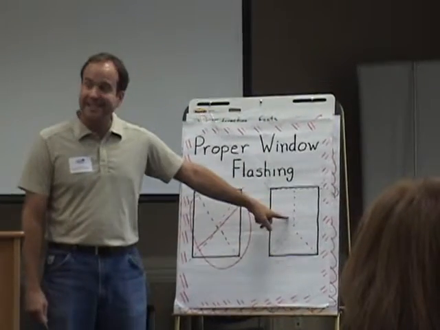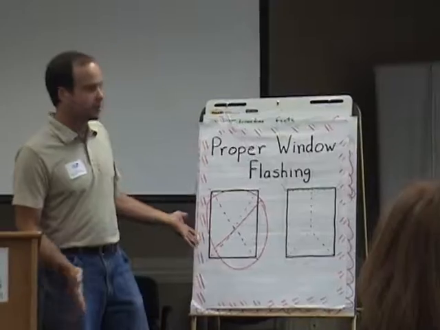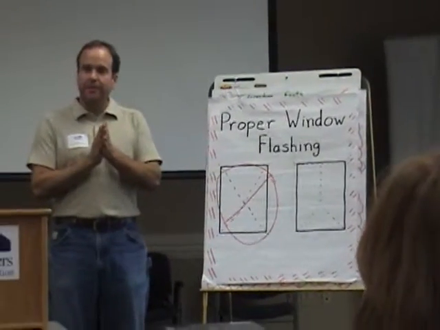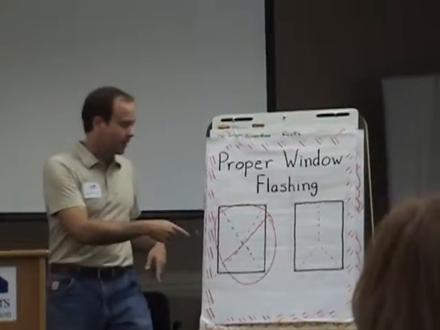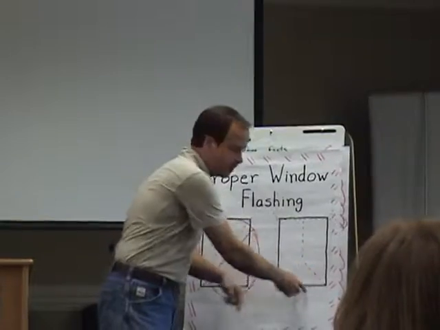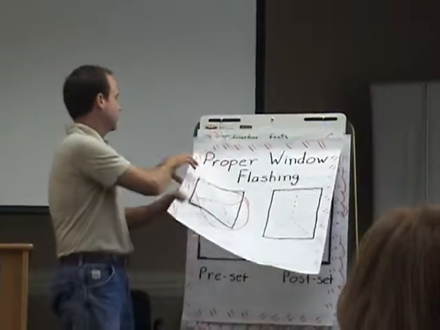So now when I wrap this in, where's the only exposed wood I have? At the bottom, right? At these two corners, it has some exposure. But when I go to set this window, let's hang on, we're going to get to that point.